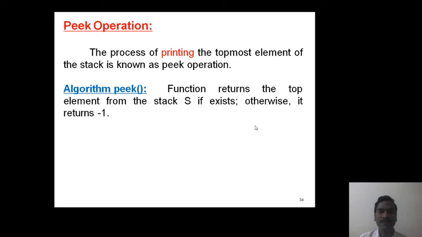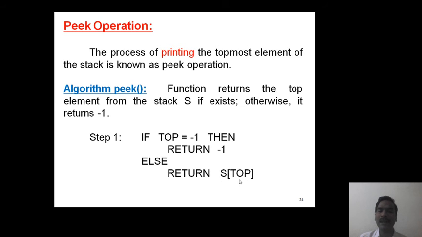Now algorithm peek. This function returns the topmost element of the stack if it exists. Otherwise, it returns -1. Step 1: if top equals -1, that means elements are not available, we return -1. Otherwise, that means elements are available, hence return S of top. End if.